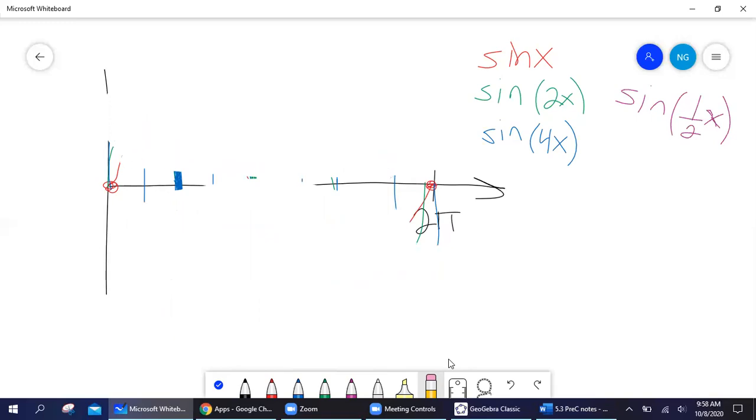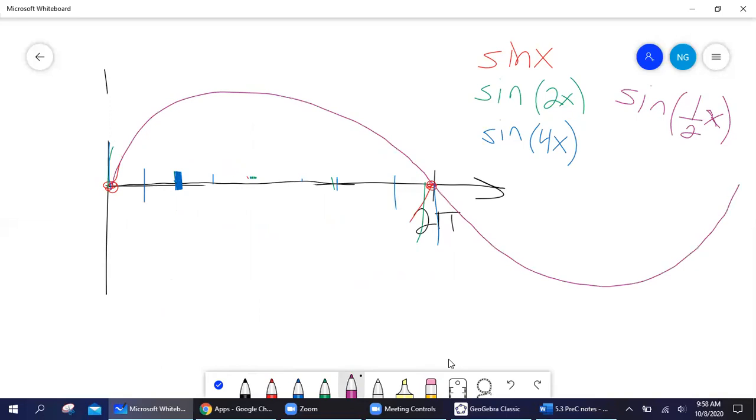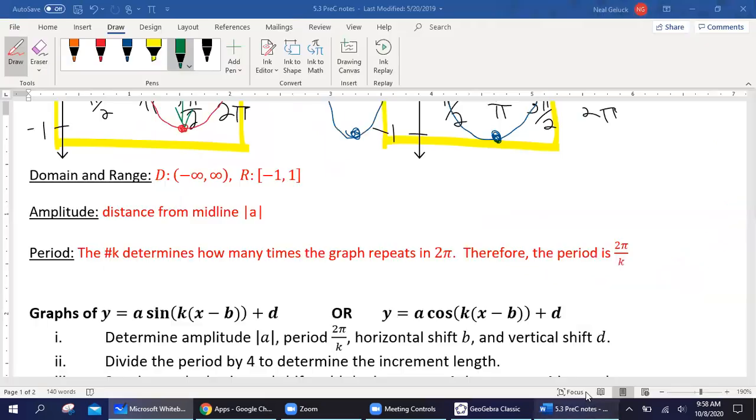That means I'm only seeing half the wave by 2 pi, which means it took all the way to 4 pi to see the whole wave. So what does all this end up meaning? This ends up meaning that the period is 2 pi divided by whatever that k number is, which we'll do in several examples throughout this lesson.